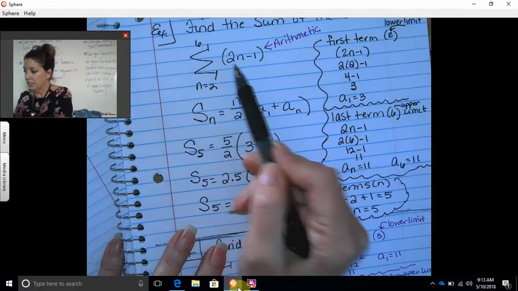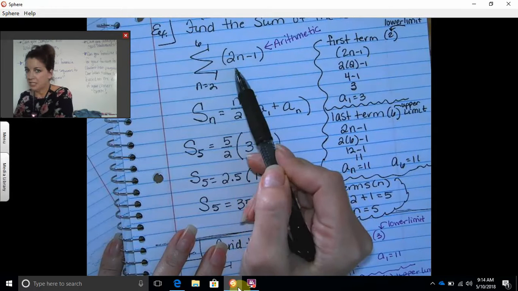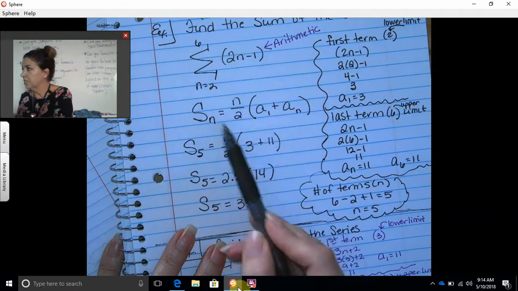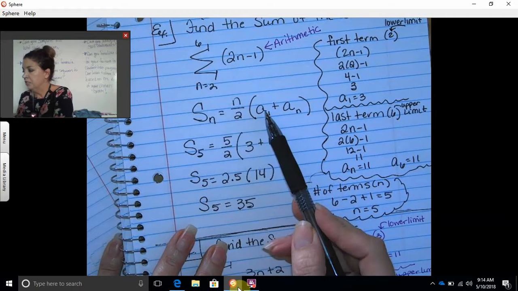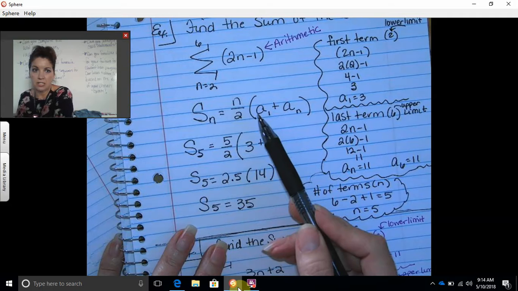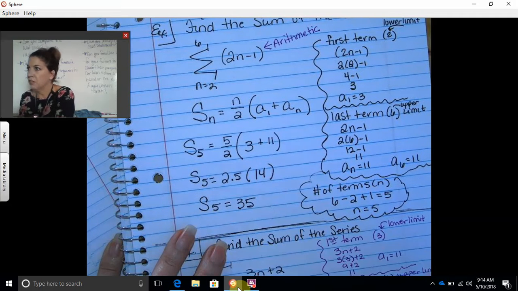And you're going to see the difference is this explicit formula looks different. It's not going to be linear. Everything else looks the same, but the formula is different because we know that geometric series has a different formula than arithmetic series, just like the explicit formula is different for arithmetic than it is for geometric. We already know the formula. We've used it already in previous classes.